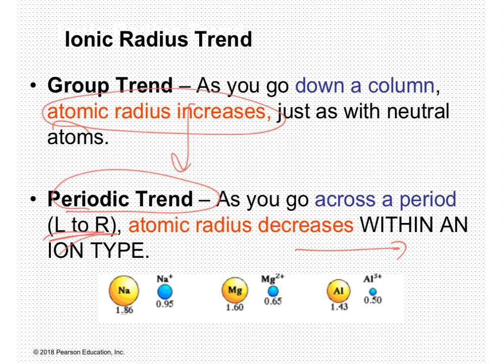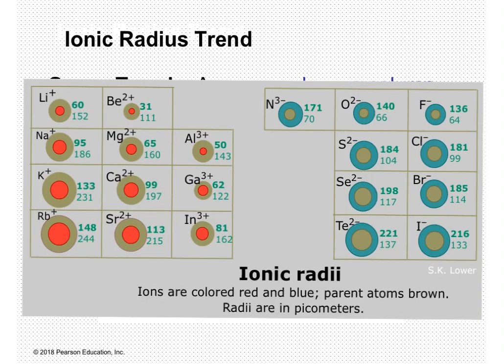Okay, so let's look at each type of ion separately. This picture will help explain what I'm trying to say better. So as you go left to right across the period in the periodic table, looking at the common ions for all the elements, you can see that, as I said, looking just at the cations, for example, the atomic radius decreases going from left to right.